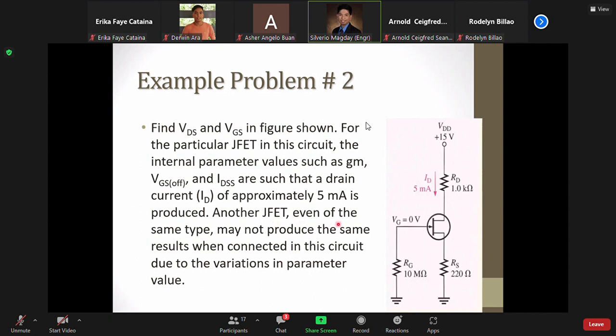Another JFET even of the same type may not produce the same results when connected in the circuit due to the variations in parameter. So for the calculations, your VS is simply your IDRS, as yung VDD, VD minus your IDRD.